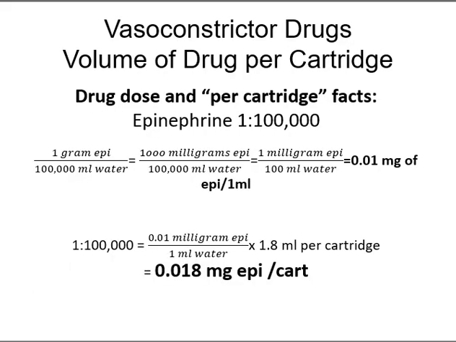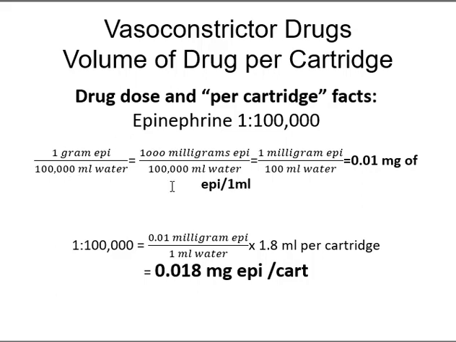So drug dose per cartridge facts. We're going to concentrate on the epinephrine because this is the most common, 1 to 100,000. So that means 1 gram of epinephrine per 100,000 milliliters of water. So we convert that gram to milligrams.